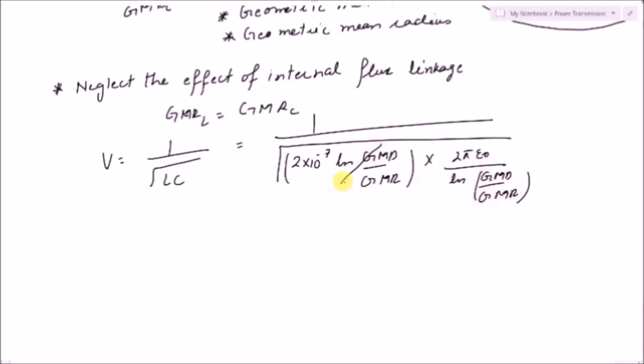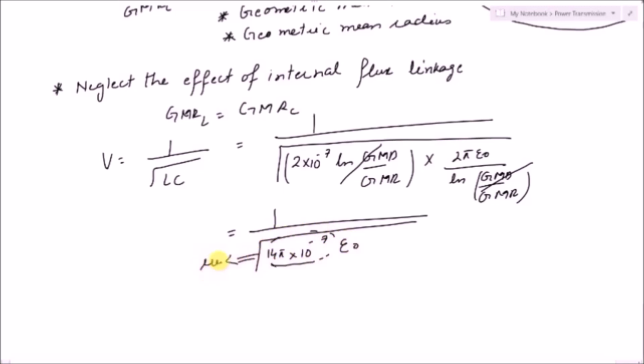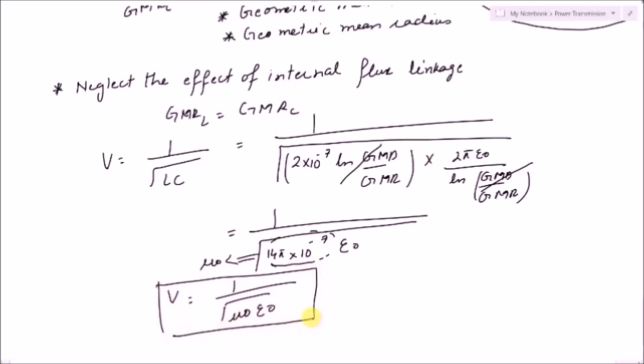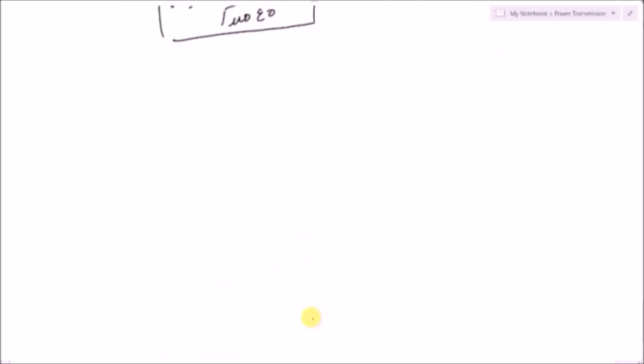So these two will cancel out each other, and it will become 1 over under root 4 pi into 10 raised to minus 7 epsilon naught, and this value is actually mu naught, right? So we can write V is equal to 1 over under root mu naught epsilon naught. So this is actually the velocity of propagation of the voltage and current waves.